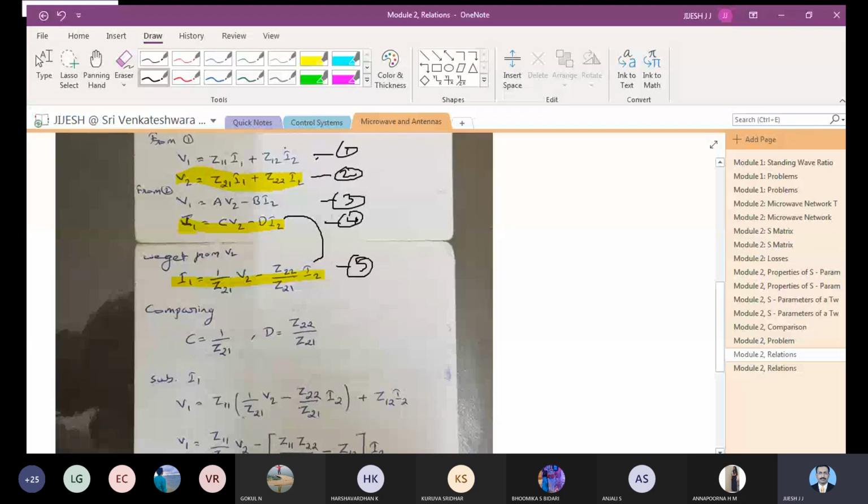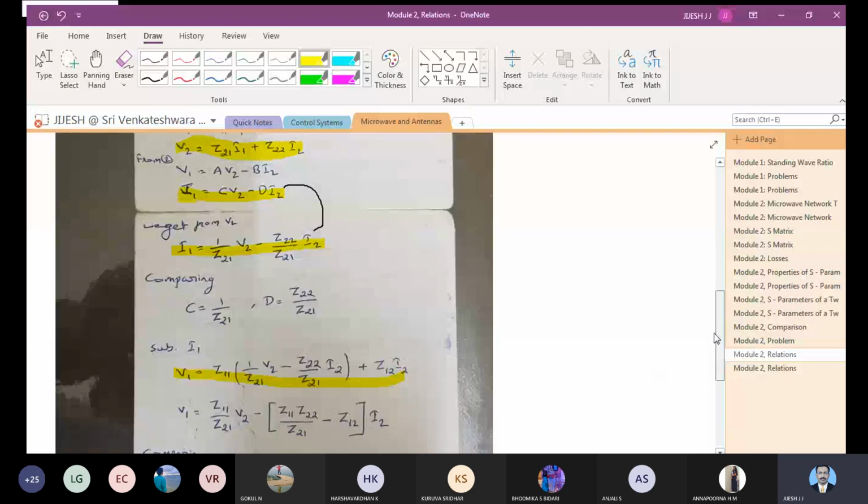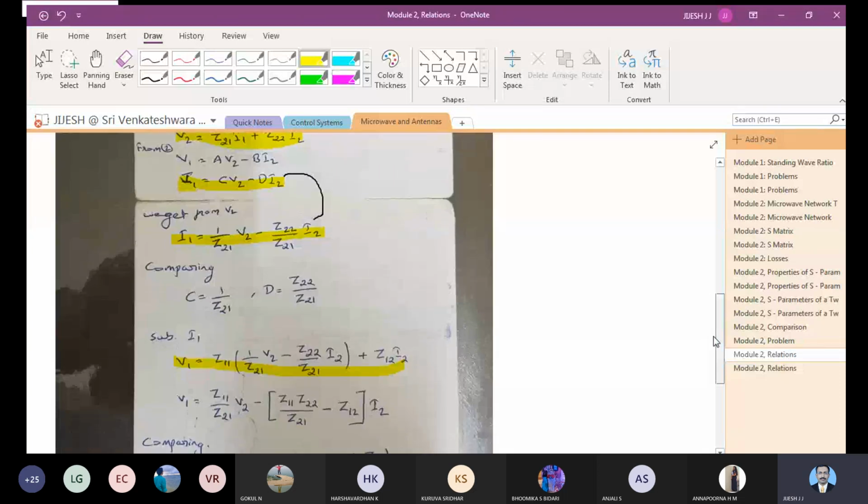I am going to substitute this here. Substituting for I1 in the equation of V1, we get V1 is equal to this. After that, just simplify it further. When you simplify it, you will get V1 is equal to Z11 by Z21 V2 and this.